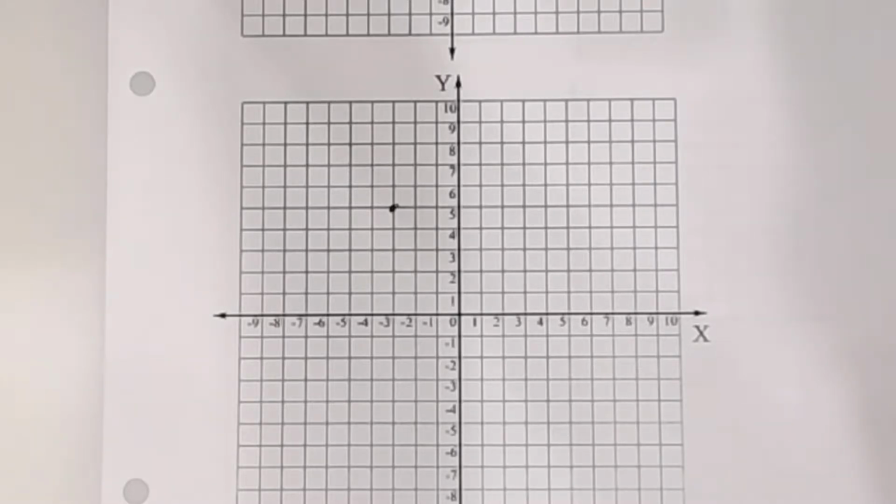Now, remember, your vertex is right in the middle of where that high or low point is. And remember in a previous lesson we talked about an even function? An even function was symmetrical about the y-axis. When we graphed x squared, that was an even function, symmetrical about the y-axis.